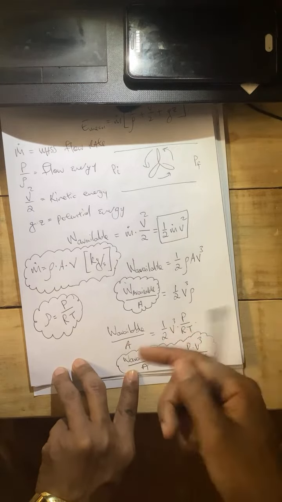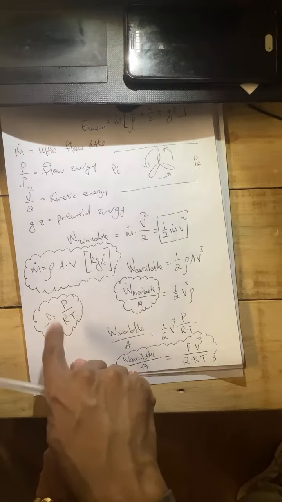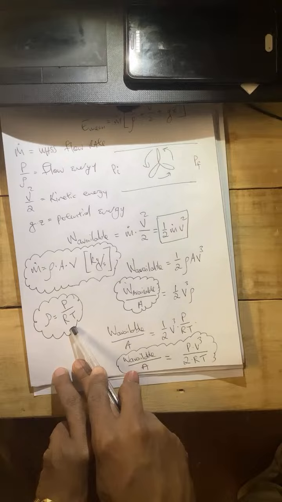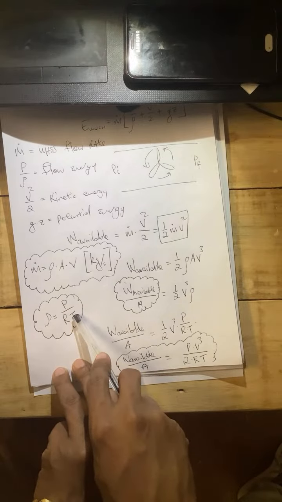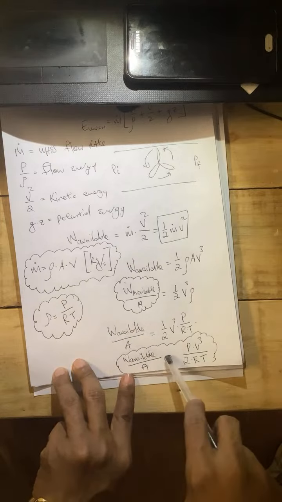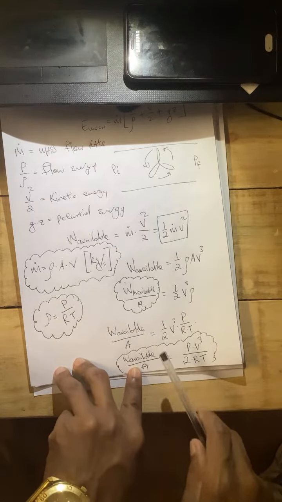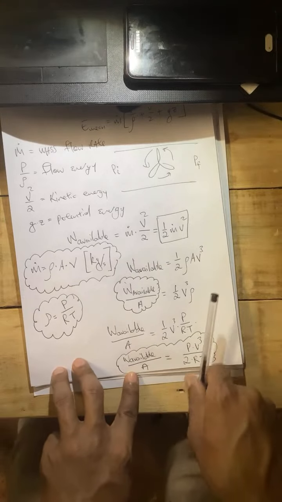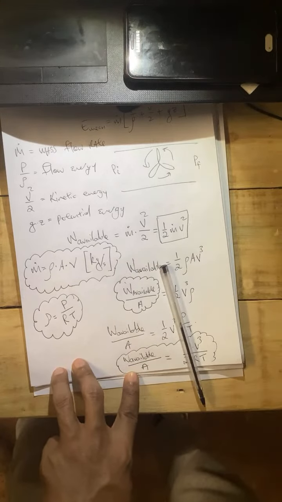Because what people don't realize is that this term comes from your ideal gas law. But because it has a pressure and a temperature component, it can also play its way into the power density of a wind turbine. Imagine that. So, yeah, that's where we will stop for now.